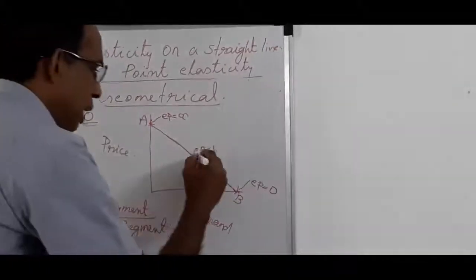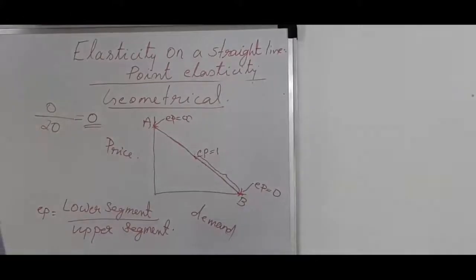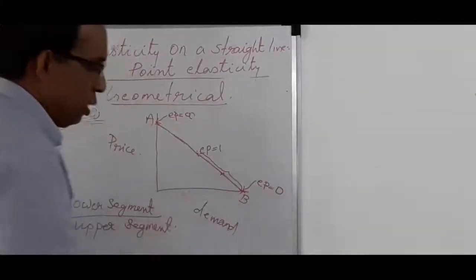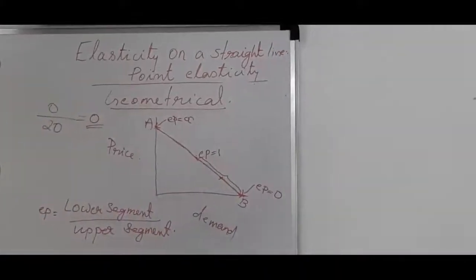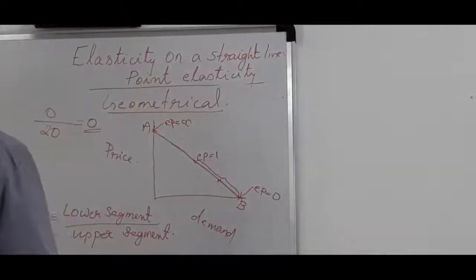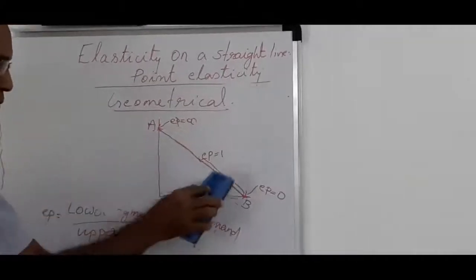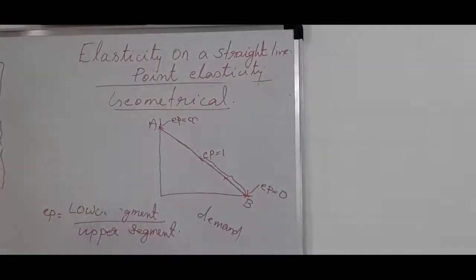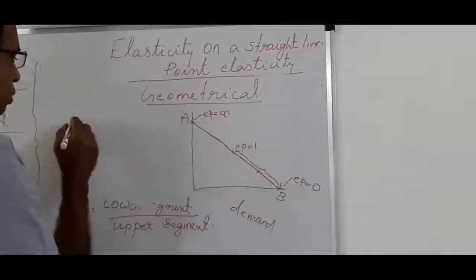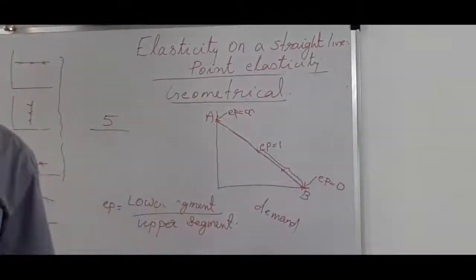Now suppose we take any value between the midpoint and the point that joins the x-axis. Suppose I am taking this point that is 5 centimeter. The total length of the demand curve is 20, and I select a point where the lower segment is 5 centimeter. Then apply the formula, the lower segment is only 5. 5 divided by the remaining portion of the demand curve, 15.